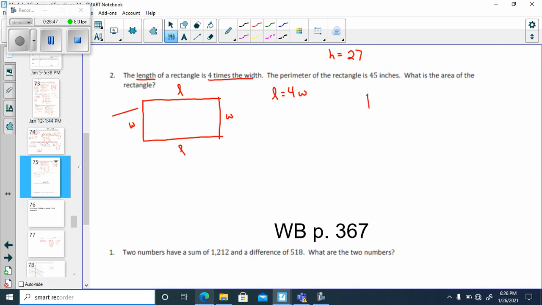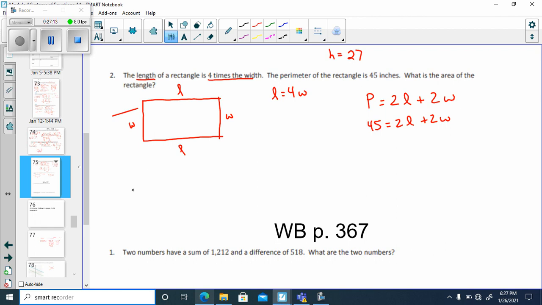So if we look at this, L plus W plus L plus W. There's 2 L's, right? That's 2 times the length, plus 2 widths, 2 times the width. The perimeter is 45. 45 is equal to 2 times the length, plus 2 times the width, okay?